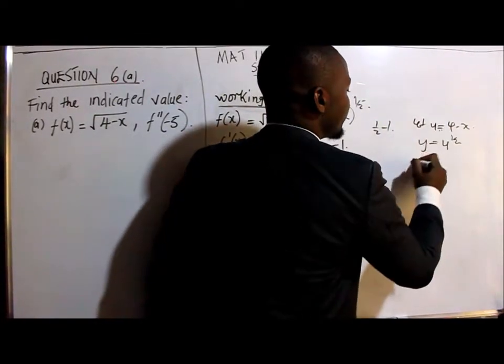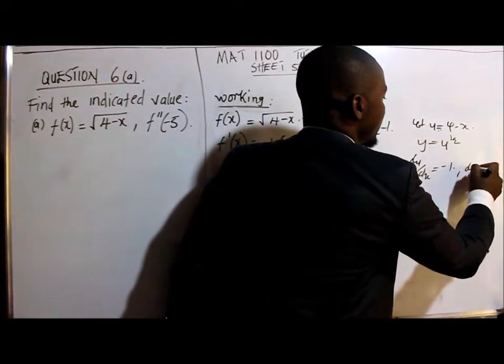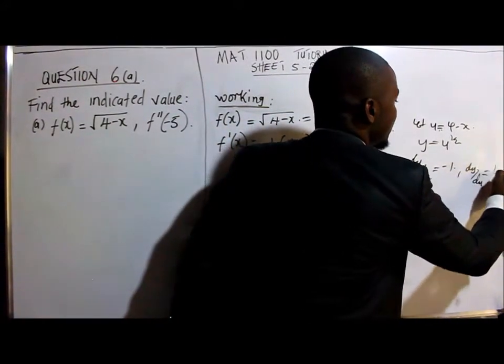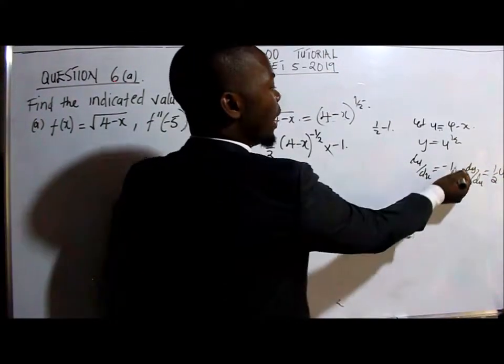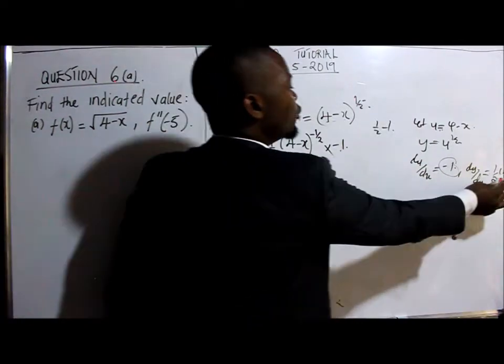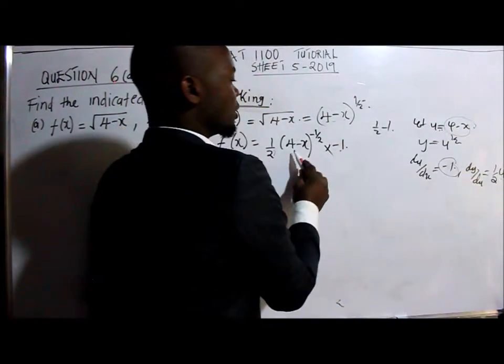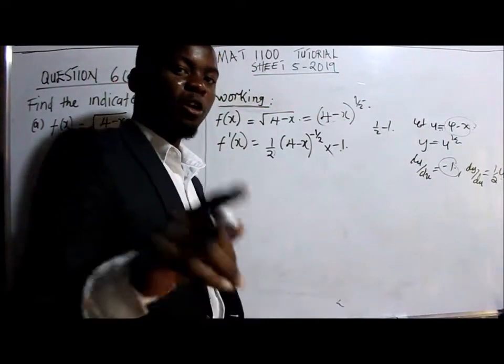So from here you can find du over dx, which is negative 1, and dy over du, which is half u to the power negative half. This part is this part, where u is this component, to the power negative half. Very simple, right? Hope you are enjoying that.